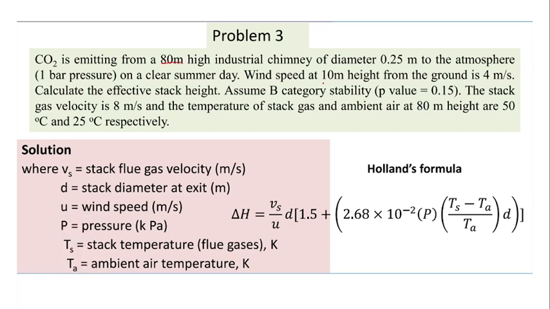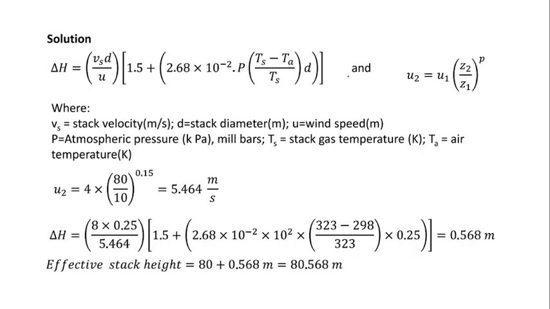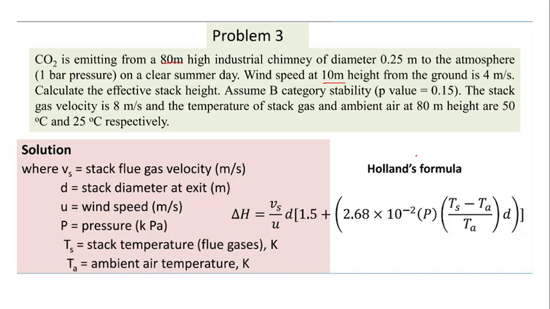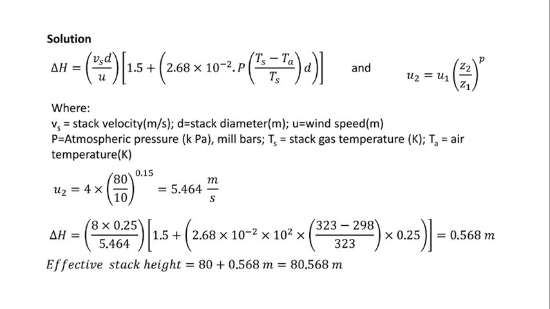And the wind speed is measured at the 10-meter height from the ground. So here your Z2 and Z1 are the different heights. At Z1 you will have the velocity U1, and at Z2 you will have the velocity U2. You know the velocity at one particular height, which is 4.